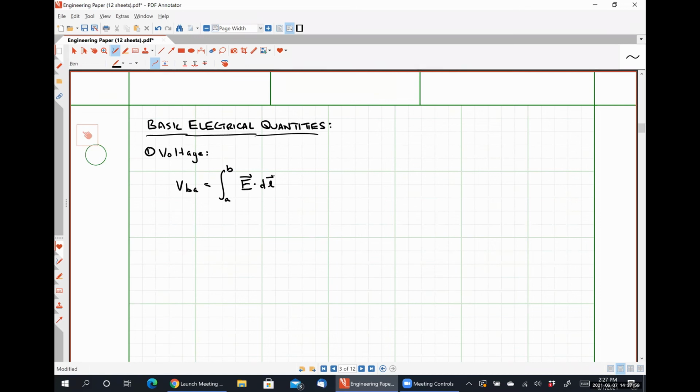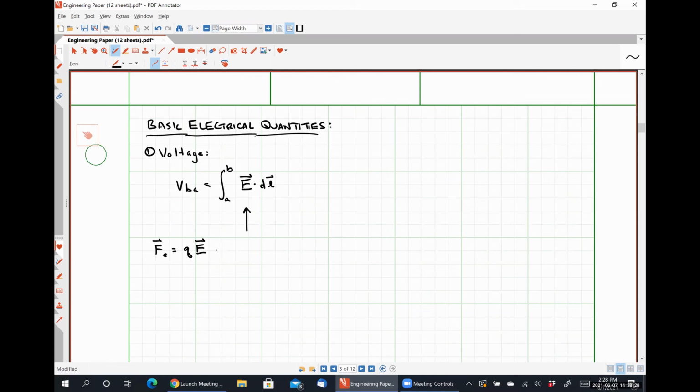The electric field, E, here, which I know you aren't super familiar with, is related to what's called an electrostatic force by a simple expression. The electrostatic force, Fe, is simply Q, the charge, multiplied by an electric field.